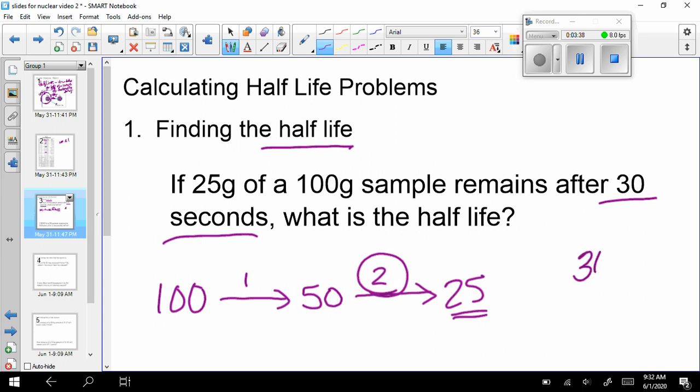So if 30 seconds have gone by and I've done 2 half-lives, then that's equal to 15 seconds. 15 seconds is the length of the half-life. So I take the total time that's gone by. I figured out how many arrows it would take, how many half-lives it would take. It took 2. So this was 15 seconds and this was 15 seconds, though 30 seconds had gone by total.